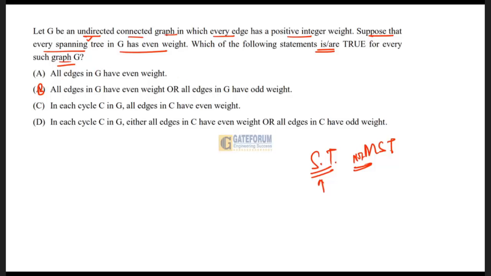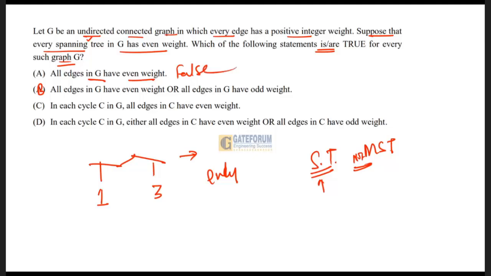So in every spanning tree, can we say that all edges in G have even weight? No, it is not necessary. Why? One may have an odd value, let's say 1, another may have an odd value, let's say 3. It could be a part of any minimum spanning tree or any spanning tree, and the result may be even. So it is not necessary.